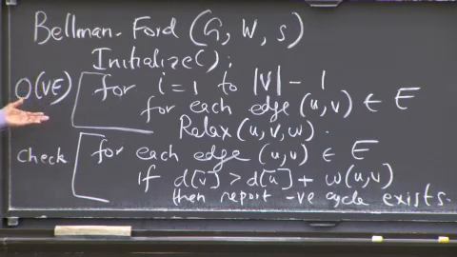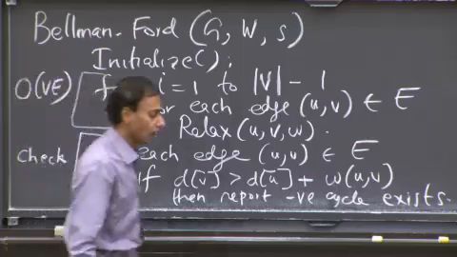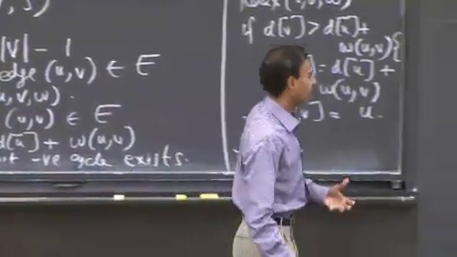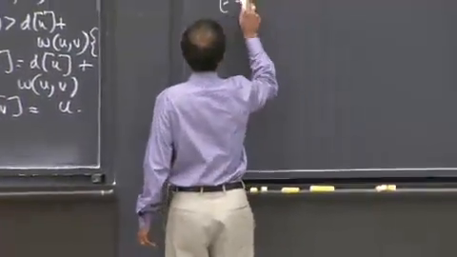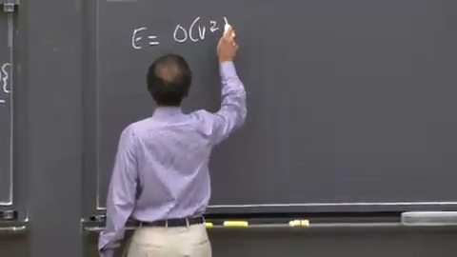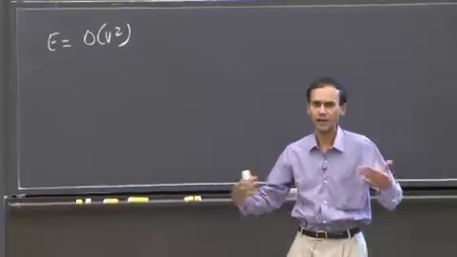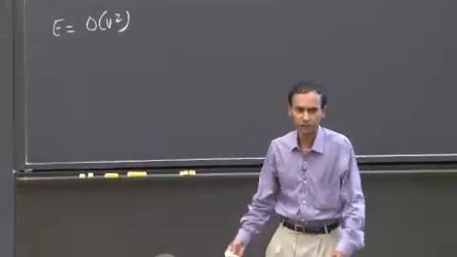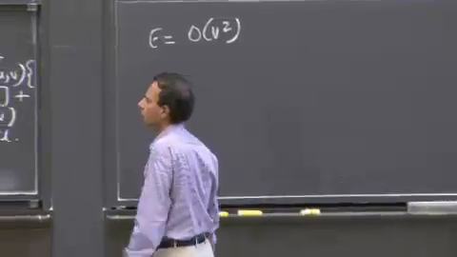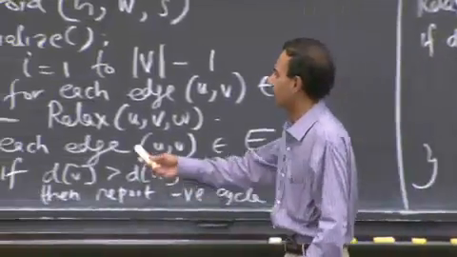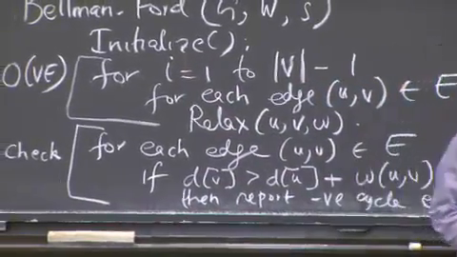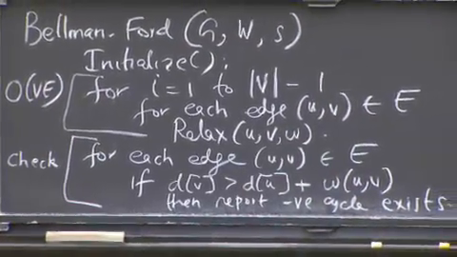And this could be large. As I said before, in the first lecture, E could be order V squared in a simple graph, and so we might end up with a V cubed complexity if you run Bellman-Ford. So there's no question that Bellman-Ford is, from a practical standpoint, substantially slower than Dijkstra.